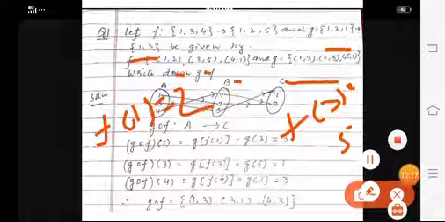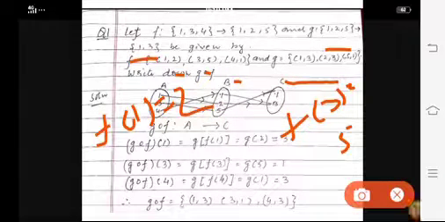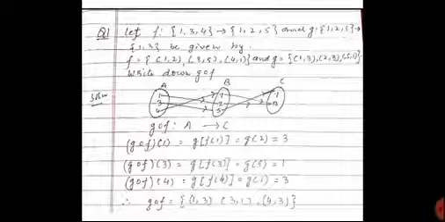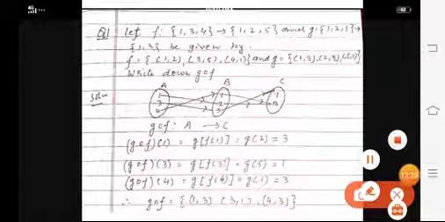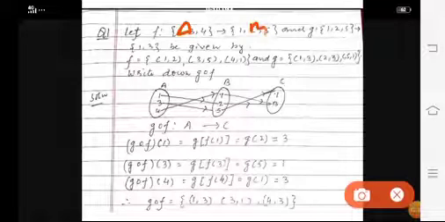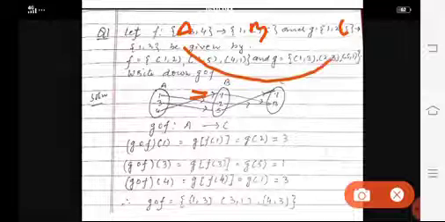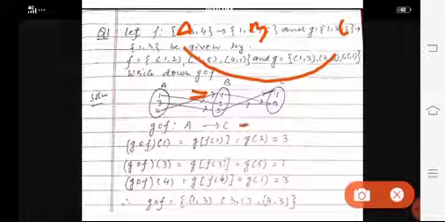Now here you are asked to find F composite G. If we take this as a set A, this as B, this as C, then F composite G, as I told in the last slide, will be a function from A to C. Okay, I have expressed this with the help of the figure also.